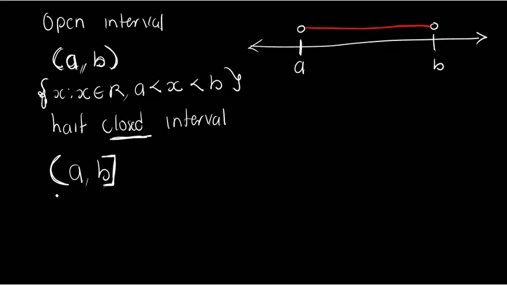In set builder notation, it will be x such that x is a member of the real numbers, A is not included, then B is included.